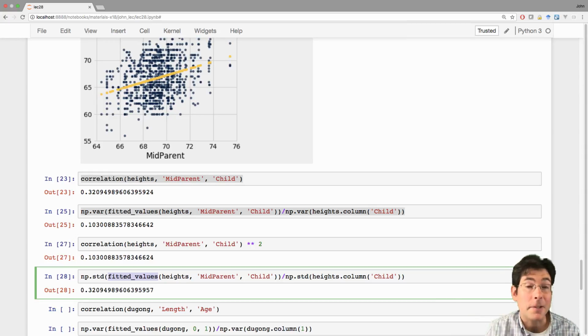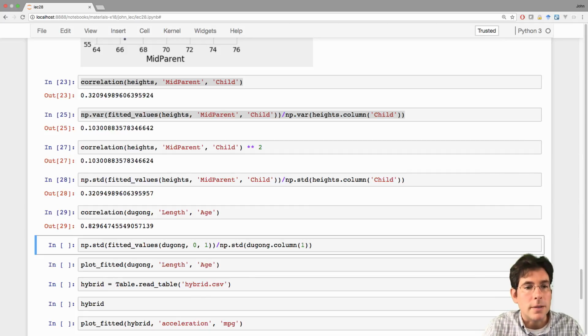Now, if instead we had computed the fitted values using least squares, maybe we wouldn't have had to compute correlation beforehand, and then once you have the fitted values, you can always compute r using this identity. This identity is basically just describing how much of the spread in the y values is accounted for by the spread in the fitted values.